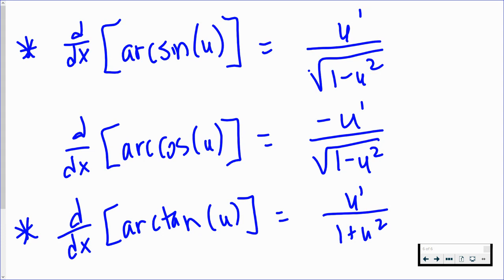We don't even look at the other three. We don't look at arc cosecant, arc secant, or arc cotangent. Those are never used. These are the three that are most commonly seen, and of these three, arc sine and arc tangent are almost always the ones used. Sometimes, every once in a while, you see an arc cosine, but for the most part, it's arc sine and arc tangent.